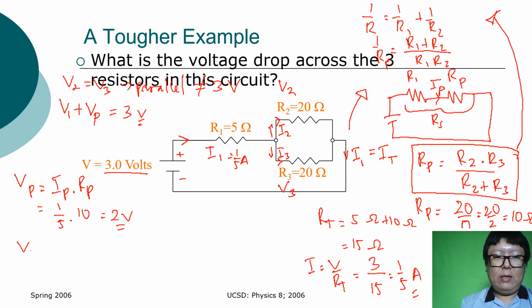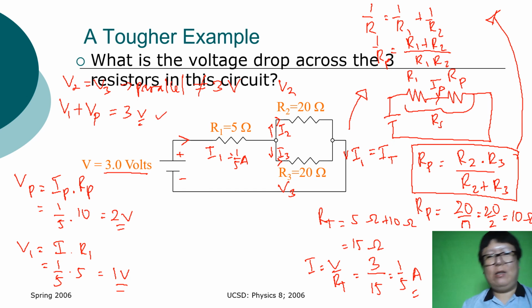So the V1 is I times R1. So the I is 1/5 times by the R1. The R1 is 5. So 1 volt, right? You see? Same with my checking. 3 volt, right?